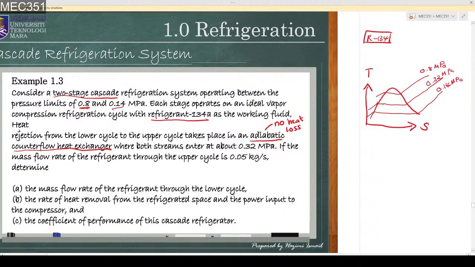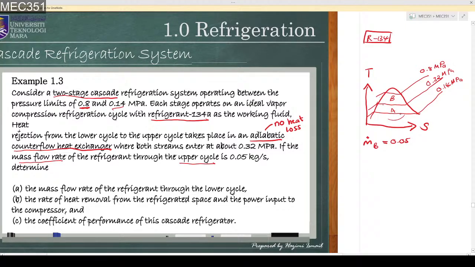Okay, the mass flow rate of the refrigerant through the upper cycle is 0.05 kilogram per second. This mass flow rate flows in the upper cycle, which if we put here is B, and here is A, so the mass flow rate for B is 0.05, because here is the upper cycle and here is the lower cycle.